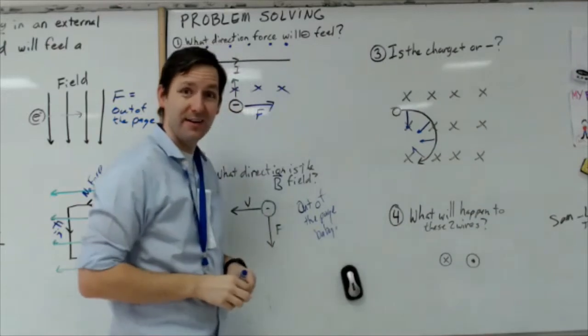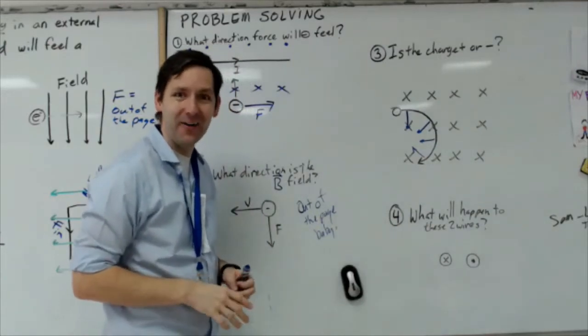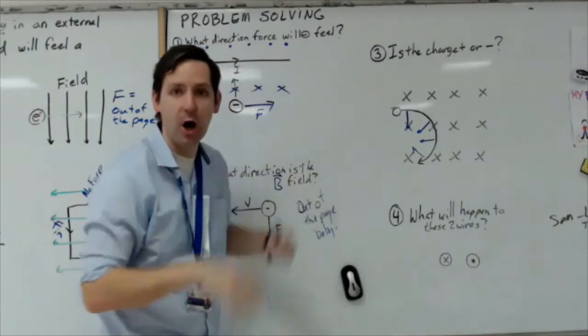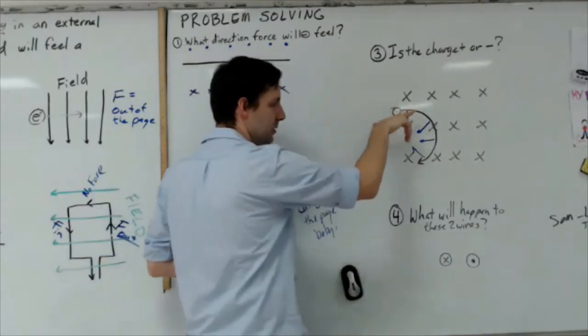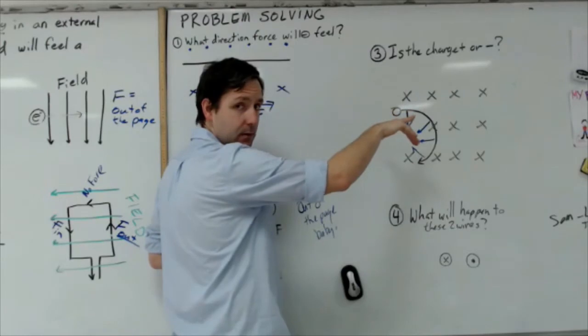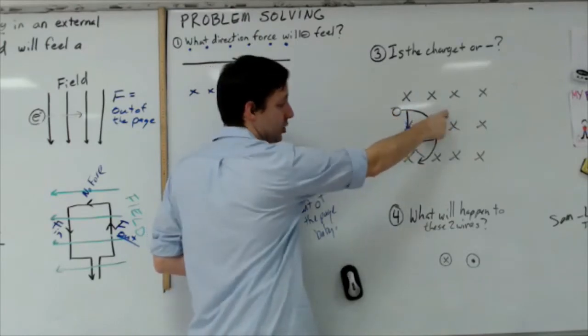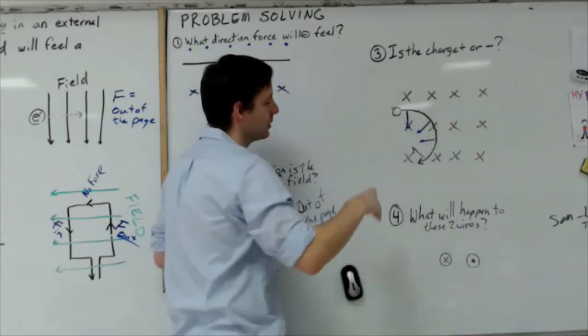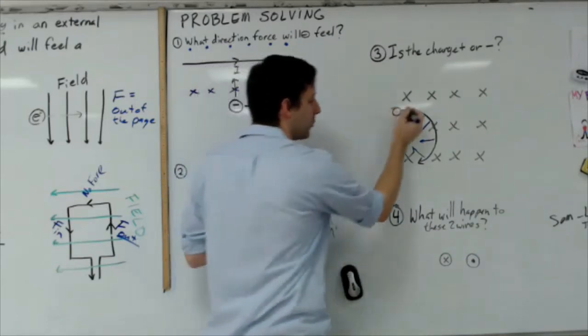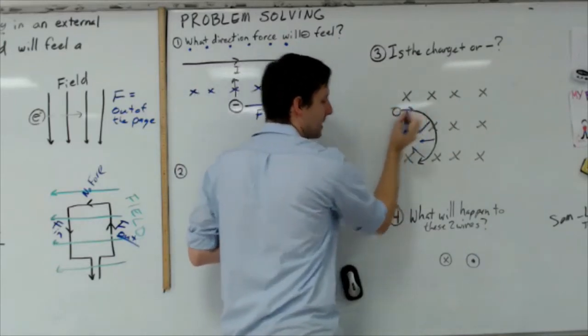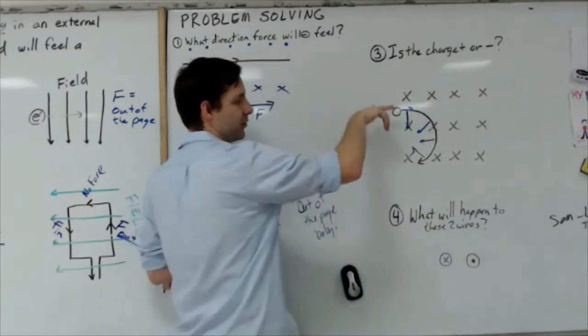Now let's use our right-hand rule because we don't know. It's going in this direction. We're looking for a force. This is an external field, an outside field. Let's look just at the top. Right here at the top, the velocity was in that direction.